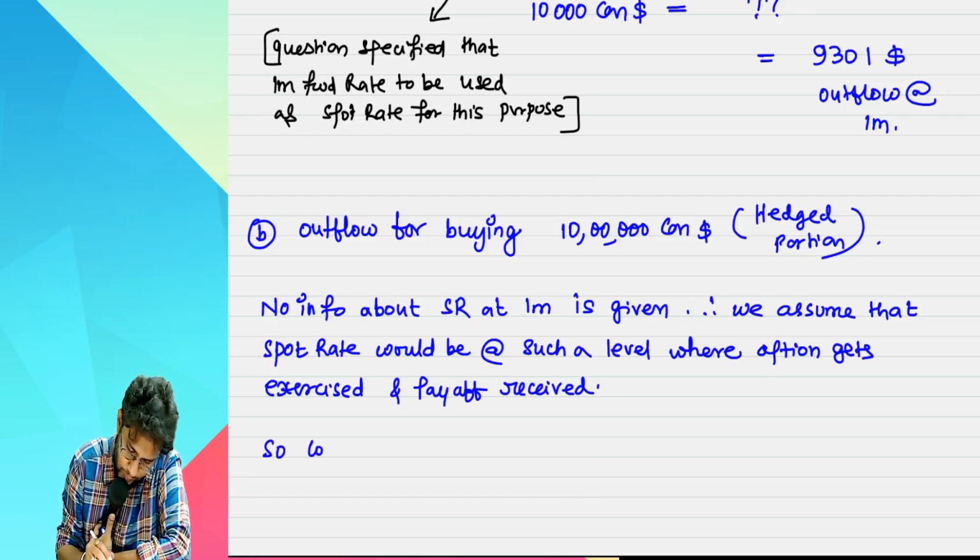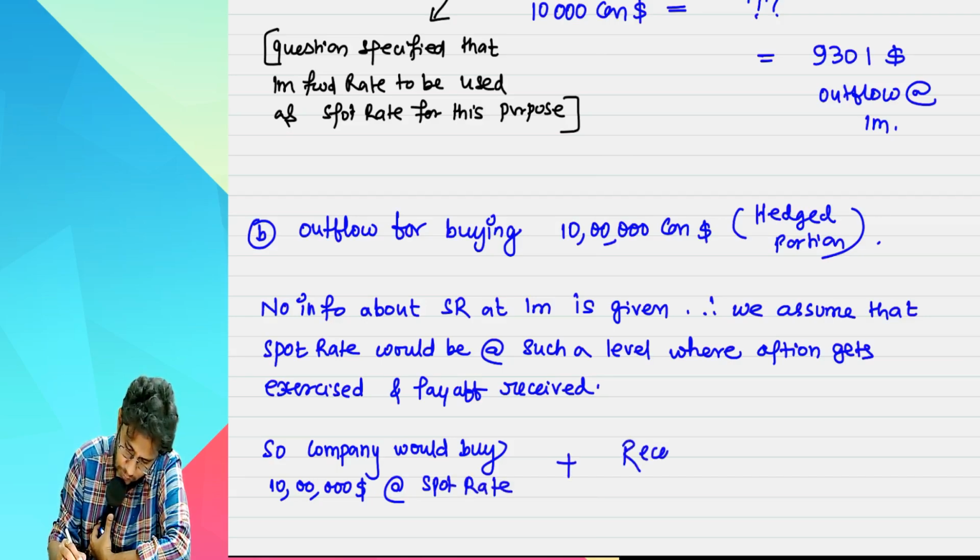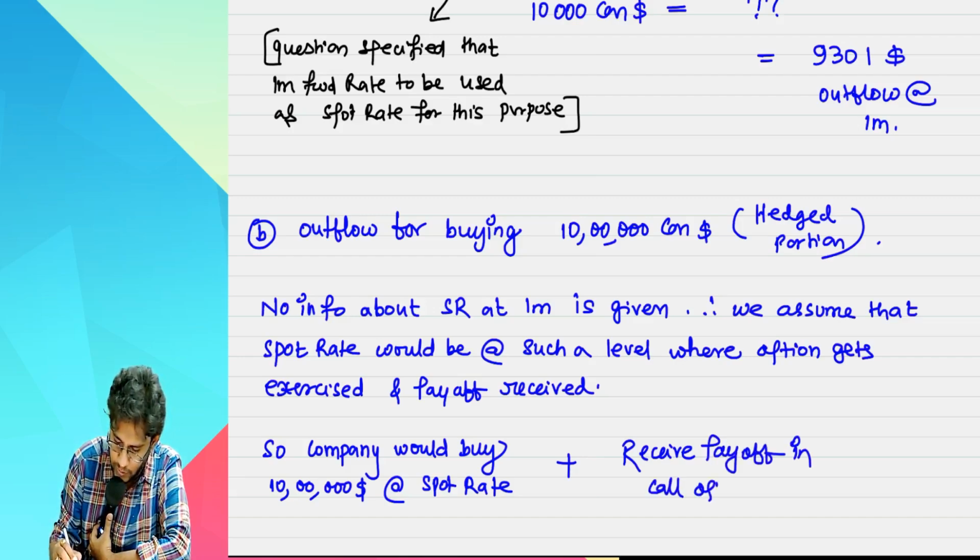So company would buy, write exactly how I am writing, $10 lakh at spot rate plus receive payoff in call option.